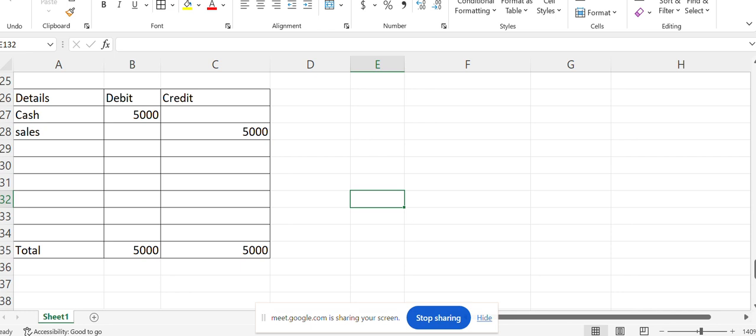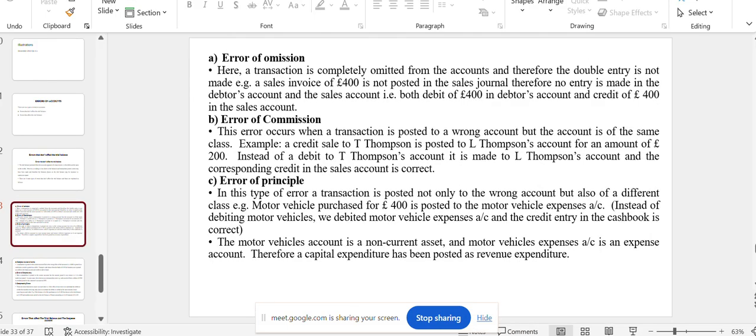So the trial balance is still going to balance because you have omitted the value both in the debit side and the credit side. We call that error what? Error of omission. So the reason why the trial balance will not be affected is because the debit side and the credit side, which relate to the same value, have been omitted. So I hope that one is okay.